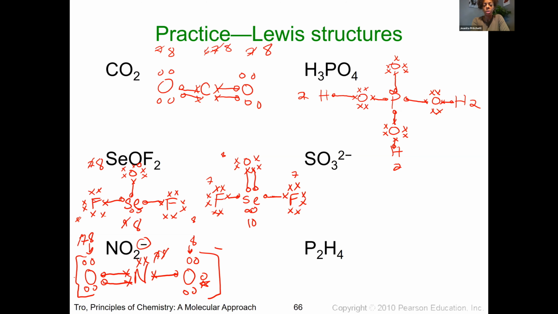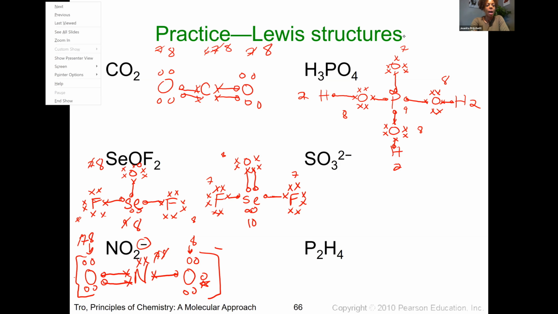Around each, at least these bottom 3 oxygens, we have 8, so they're happy. Again, I'm counting the lone pairs and the bonding pairs. Around the phosphorus at this point, I have a total of 9, and I check. I do see that phosphorus is in period 3, so it means it could potentially have more than 8. And then my oxygen right now only has 7.